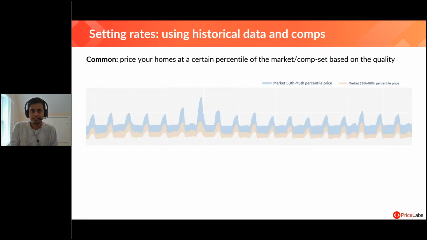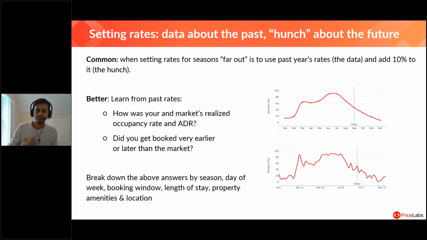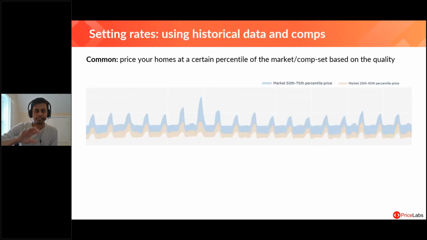The second, so we talked about how looking at your own data can be very helpful in setting rates, and we are talking setting rates for far out dates. The second strategy that we have seen some folks use is looking at the market data, and looking at market data is important because it tells you how flexible is the market.